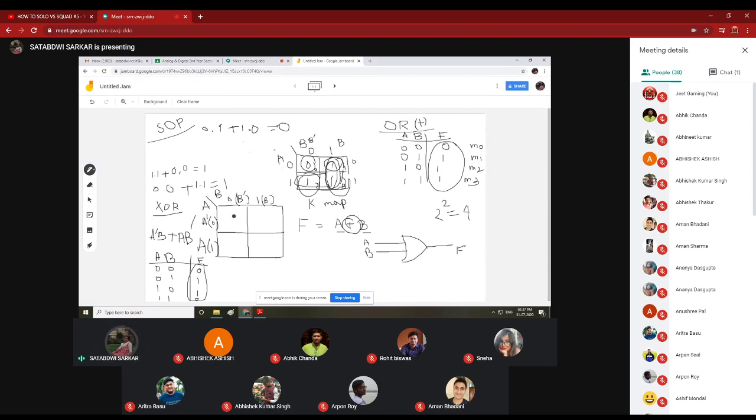So this is the output, and how can we get the function? First we have to put these values: for m0 position it is 0, for m1 it is 1, for m2 it is 1, and for m3, that is a value 1, b value 1, for this cell it is also 0.